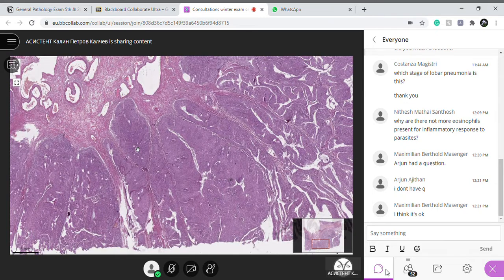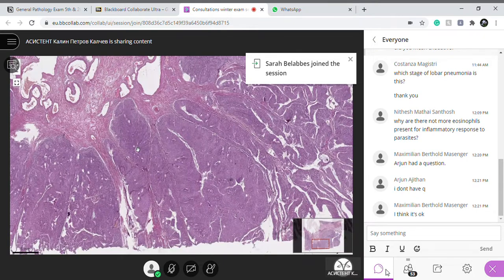Actually, by all the rules for the tumors, we should call this malignant tumor carcinoma in situ, but maybe it is typical for the bladder that we don't do that. We call that just non-invasive papillary carcinoma of the bladder. Well, this tumor is quite an aggressive one.